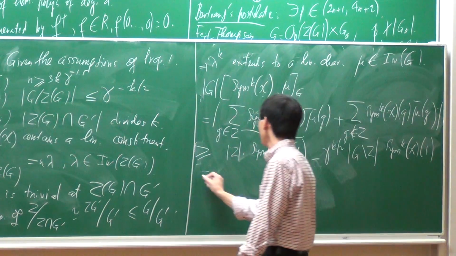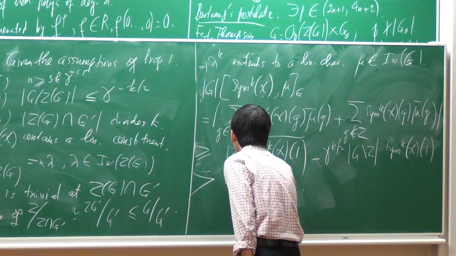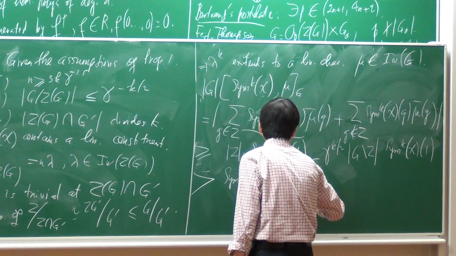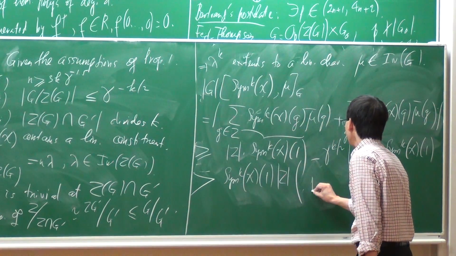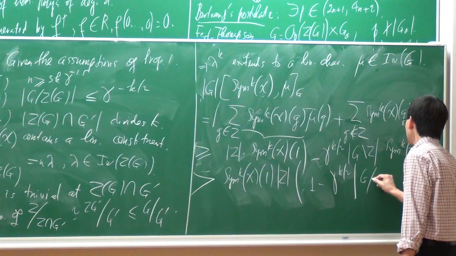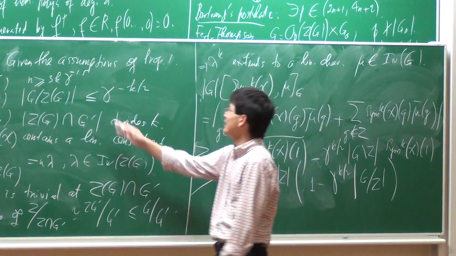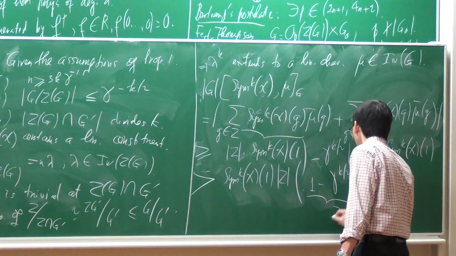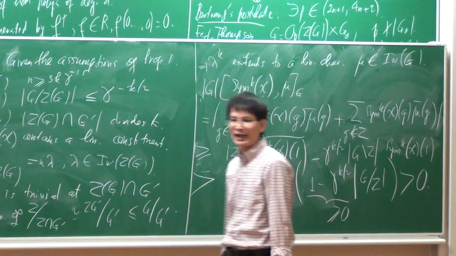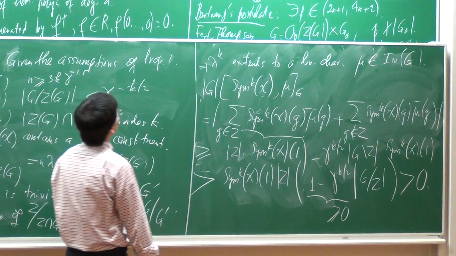Okay, so then you get this to be larger than the dimension of Sym^k times the order of the center times 1 minus gamma to the k over the order of G mod Z. Okay, and then because of this condition, you know this is non-negative, and therefore the inner product is positive, and therefore you get a linear character in the symmetric power. Okay.